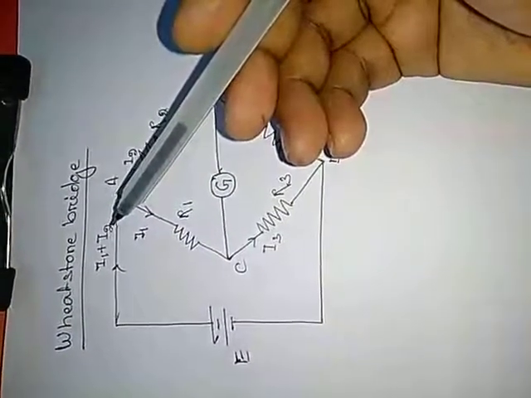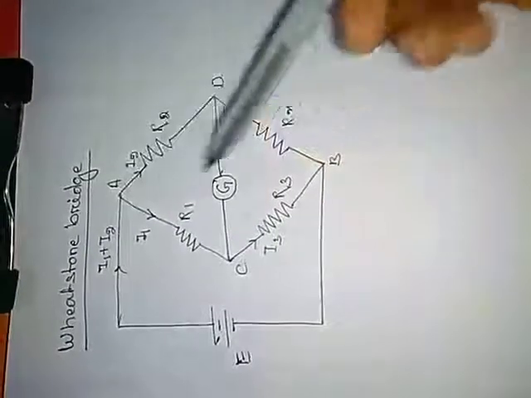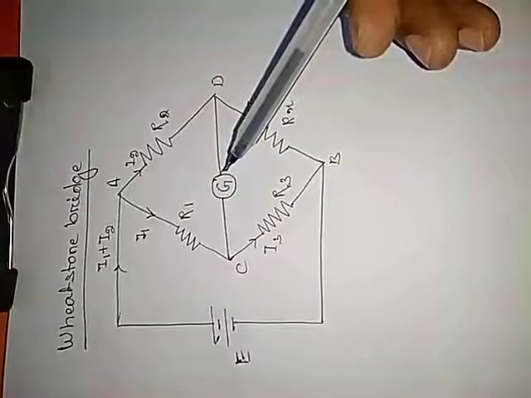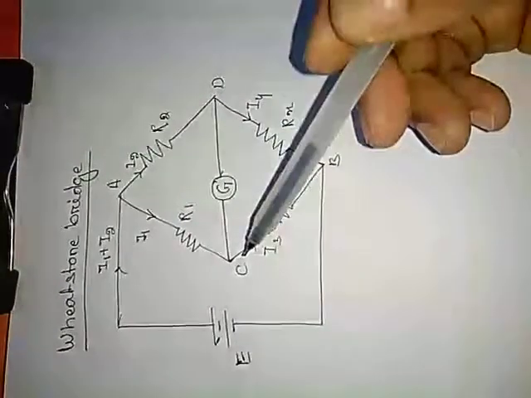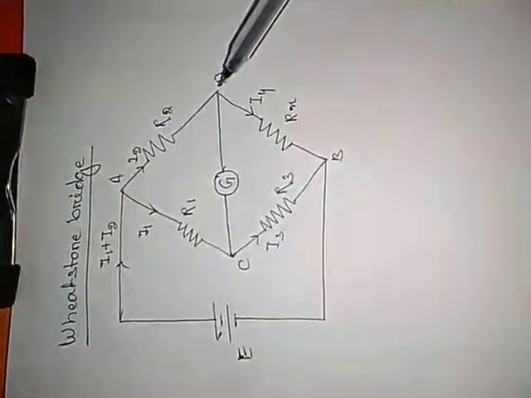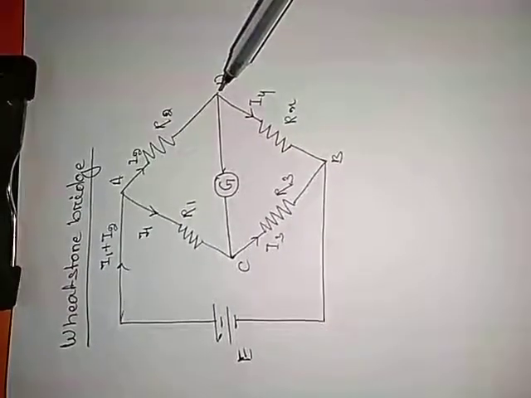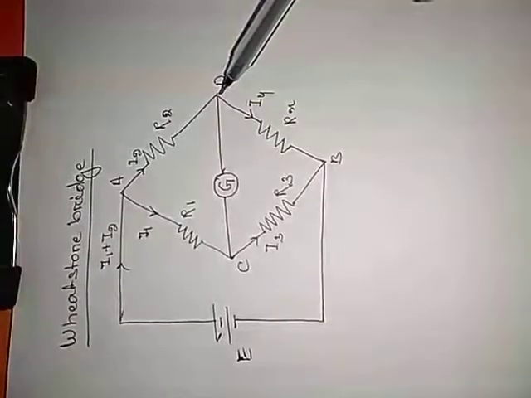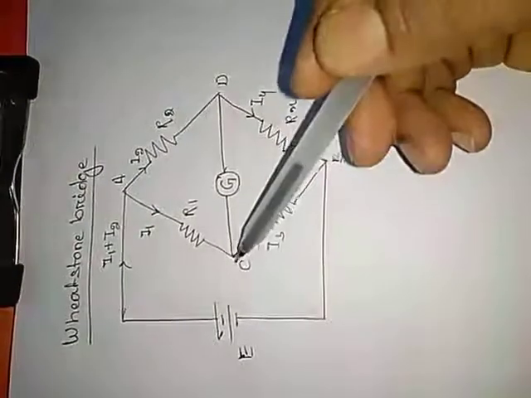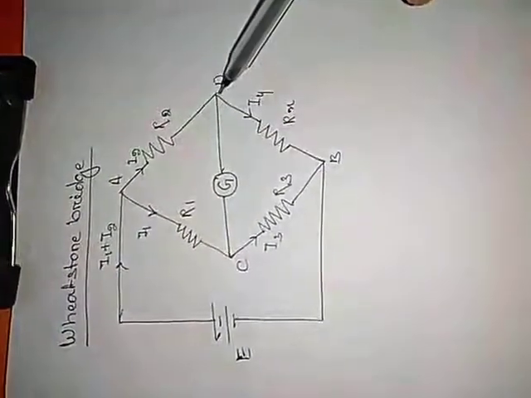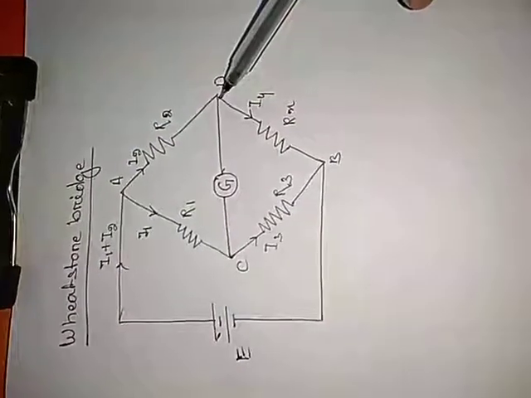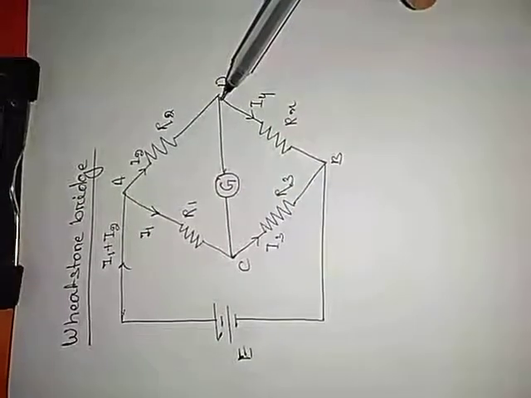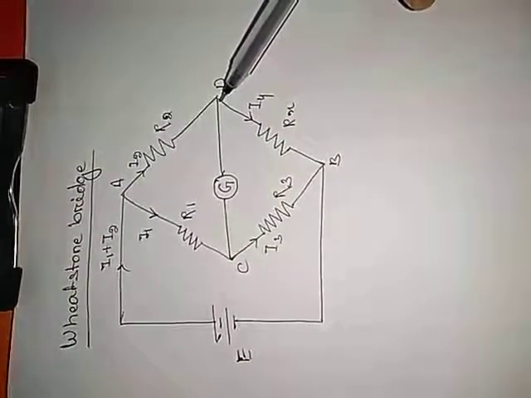The current flowing through the galvanometer depends on the potential difference between C and D, and the bridge is said to be balanced when the potential difference across this galvanometer is 0 volt, so that there is no current flowing through the galvanometer.